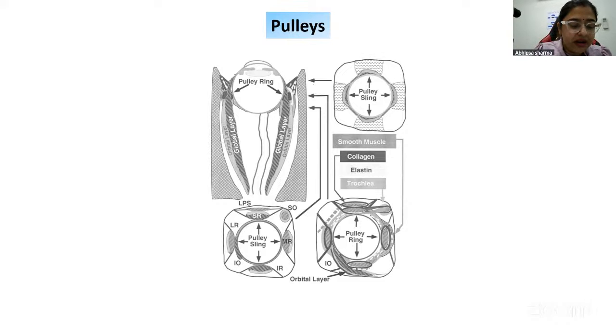The medial rectus muscle has the most fibroelastic tissue and smooth muscle. These muscle pulleys connect to the orbital layer of the rectus muscle, to the orbital wall, to the adjacent extraocular muscles, and also to Tenon's capsule. The rectus and the IO pulleys are made of collagen rings.